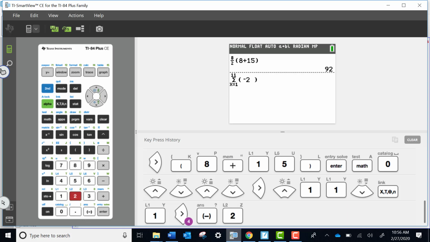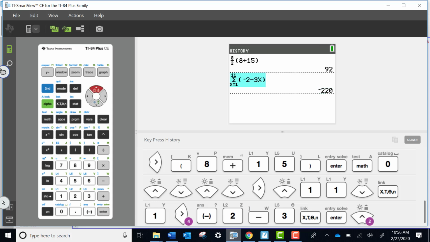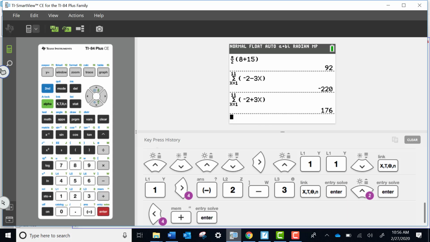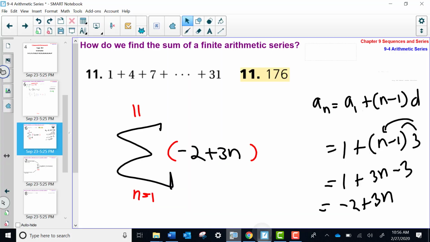Negative 2 plus 3x, sorry. My fault, I put minus 3x. Negative 2 plus 3x. And we get 176. The same answer as 176.